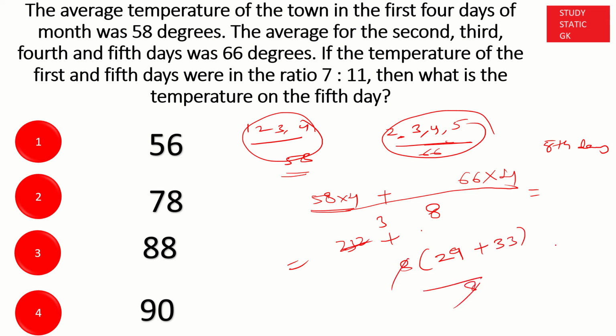So 62 is the average temperature of all the days, right? So the first day is 7x and the fifth day is 11x, right?